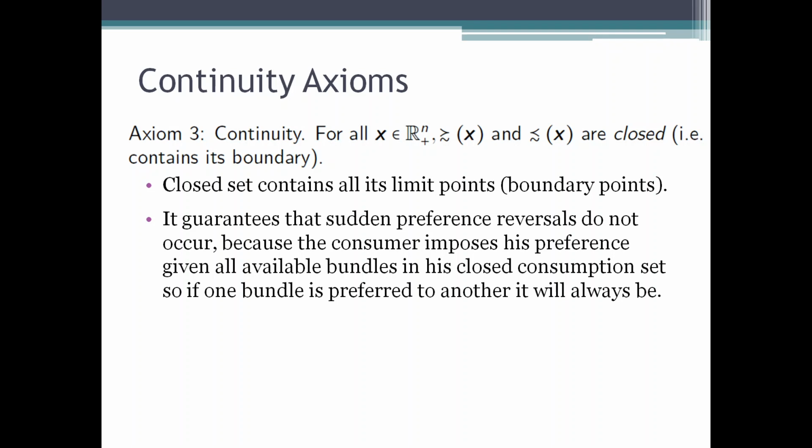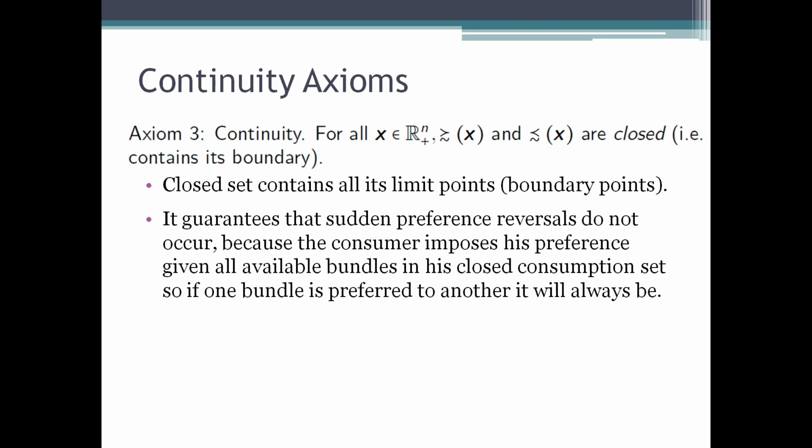But if the set was open, this means that he can only see the points that are inside the set, but he cannot see those that are on the boundary because it's an open set.